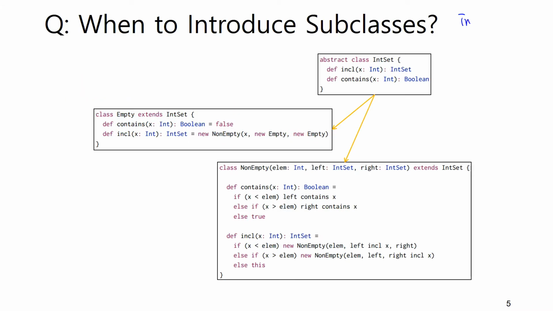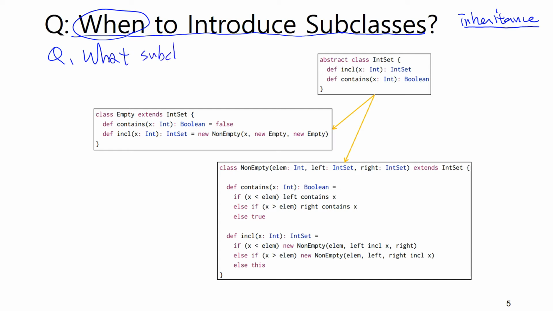We learned that inheritance is a key feature in object-oriented programming. And the most important decision in object-oriented programming is when to introduce subclasses, and also what subclasses to create. These questions are important because it's really a bad idea to create many classes in your program.